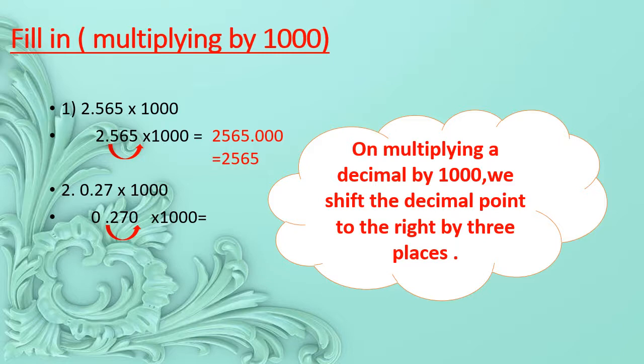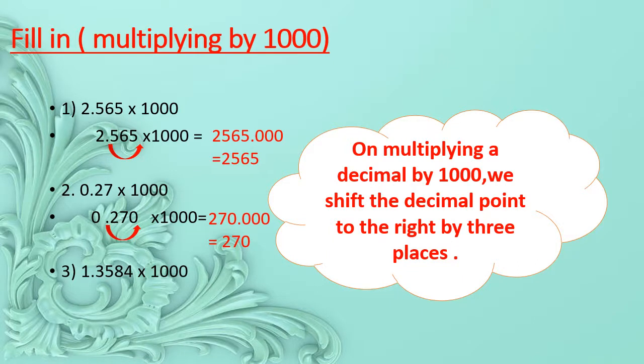Now here students, after the point we are having 2 decimal places, but we have to shift it to the right 3 places. So what we will do is write down 0.270, so that we can shift it to the right by 3 decimal places. So it will be multiplied by 1000, and then the answer we are going to have is 270.000. So we can write it as 270.